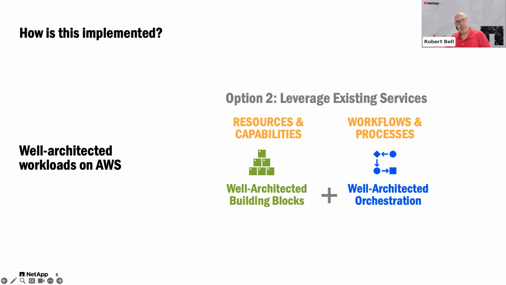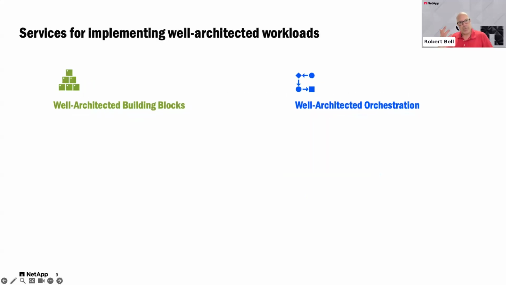So you've got the building blocks, and then you've got the orchestration or the organization of these building blocks. This is how I want to refer to the products that we're presenting in this session.